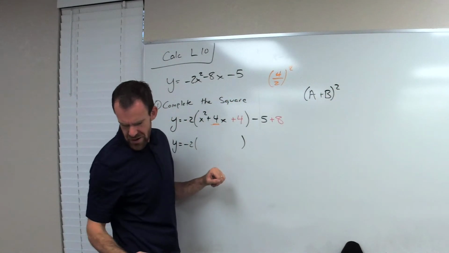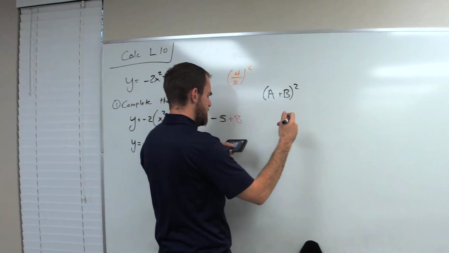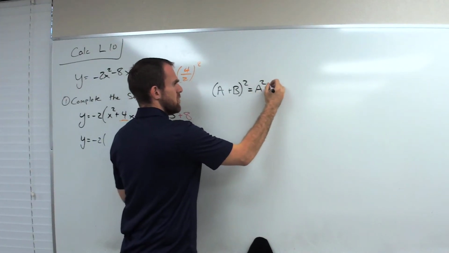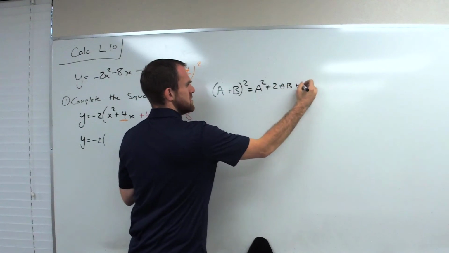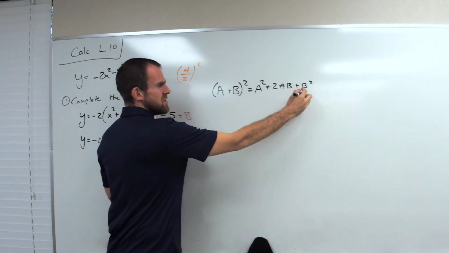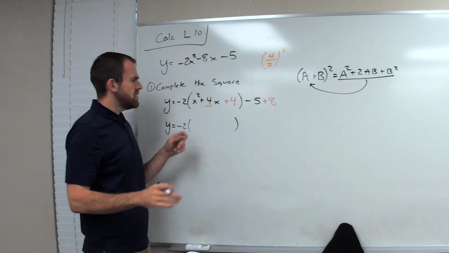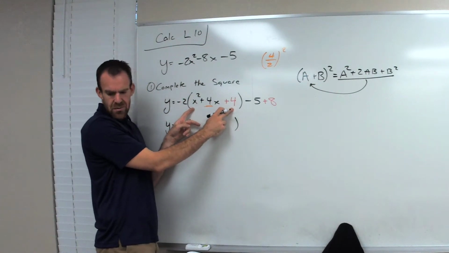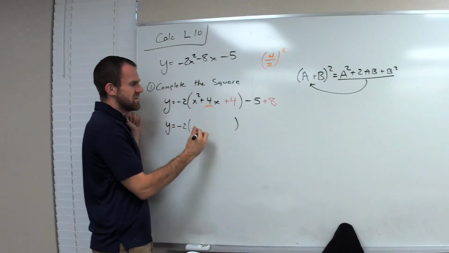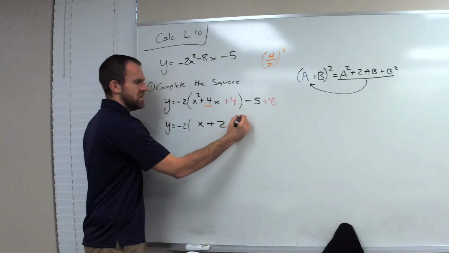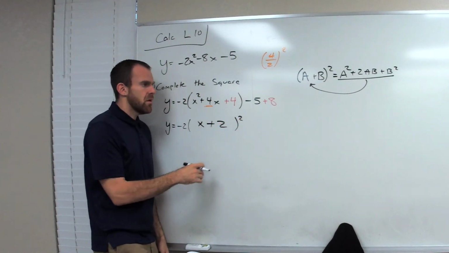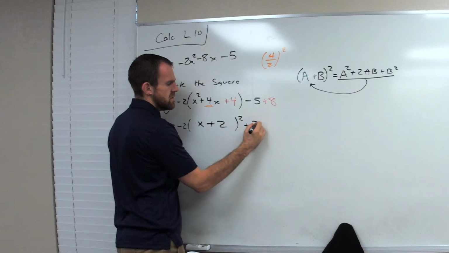So (a plus b) squared is a squared plus 2ab plus b squared. So we're going from this form into that form, back over here. So I have the form a squared plus 2ab plus b squared. I need to simplify that down to (a plus b) squared. -5 plus 8 is 3.